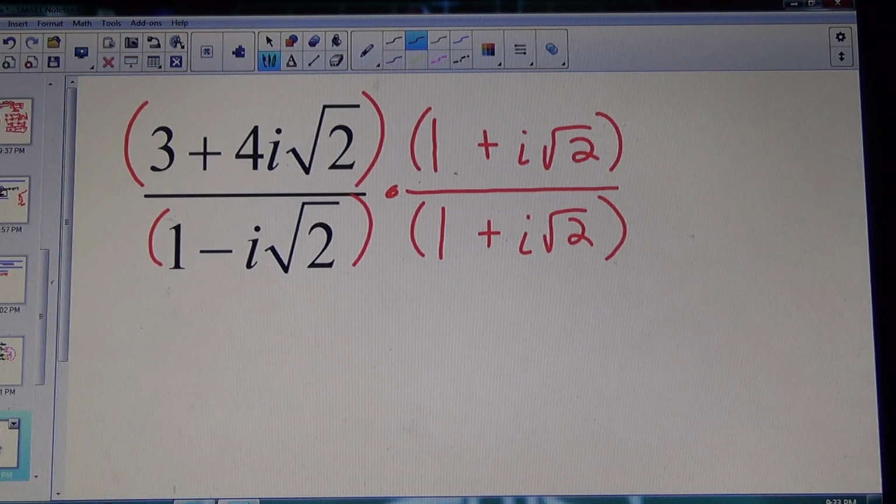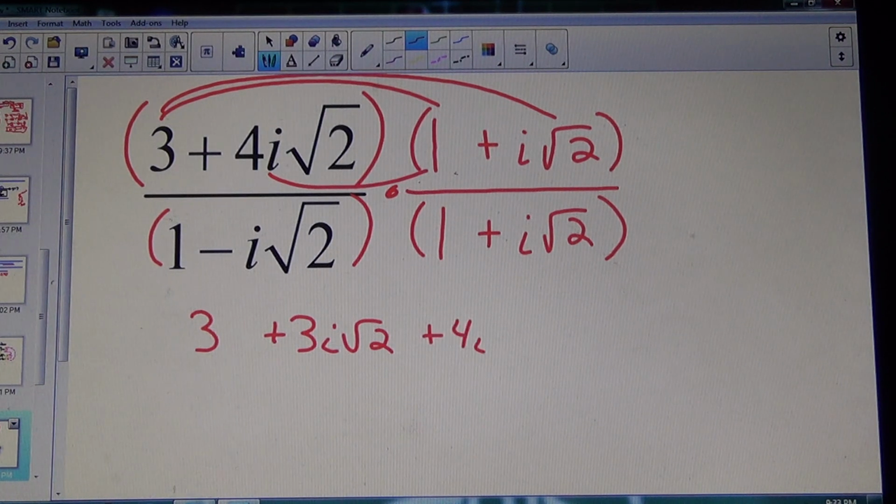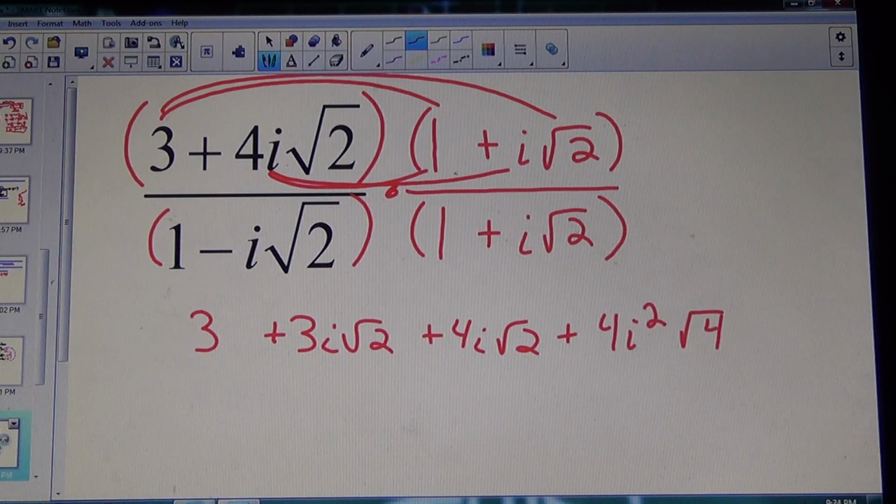So, let's FOIL the top first. 3 times 1 gives me 3. 3 times i square root 2 gives me 3i square root 2. Okay, the inside of the FOIL would be plus 4i square root 2. And then the last term would be 4i times i gives me 4i squared, and square root 2 times square root 2 gives me a square root 4.